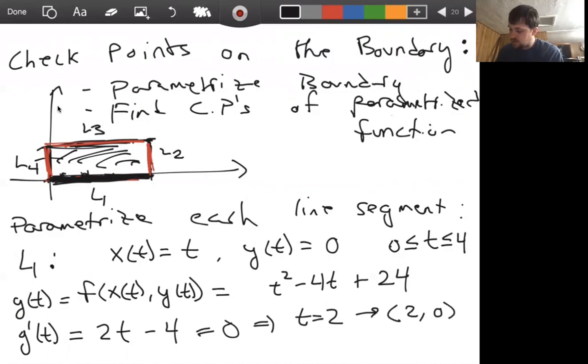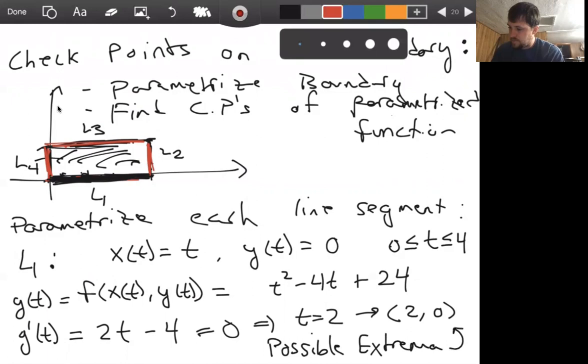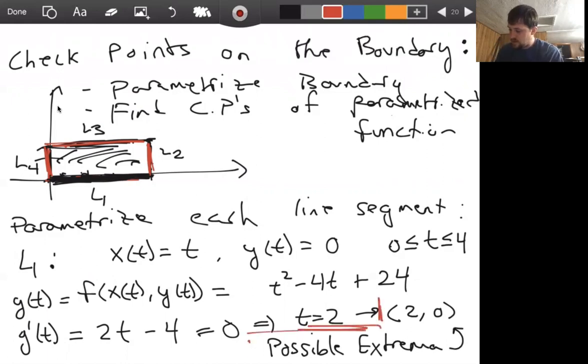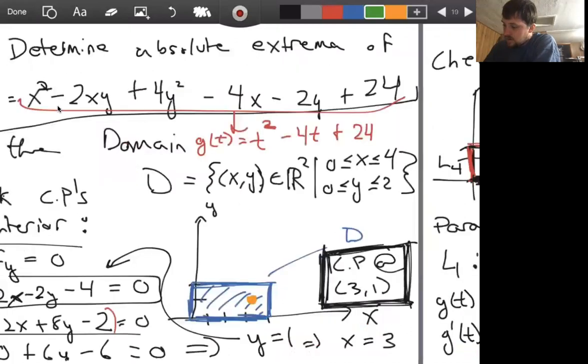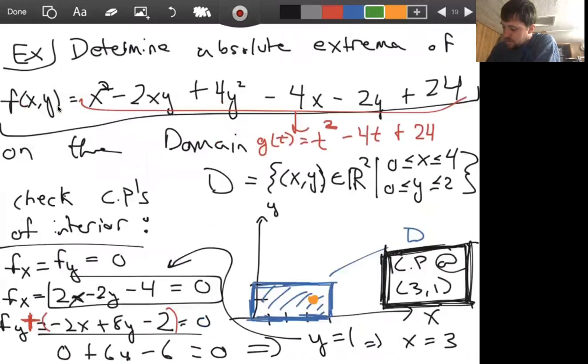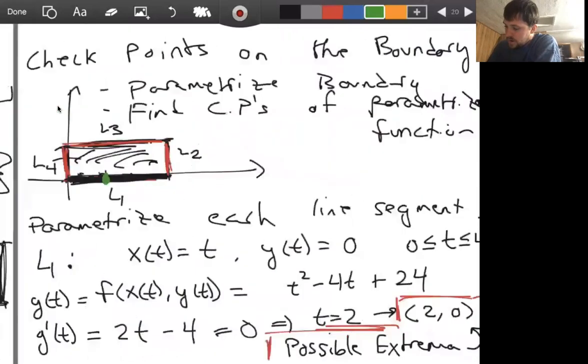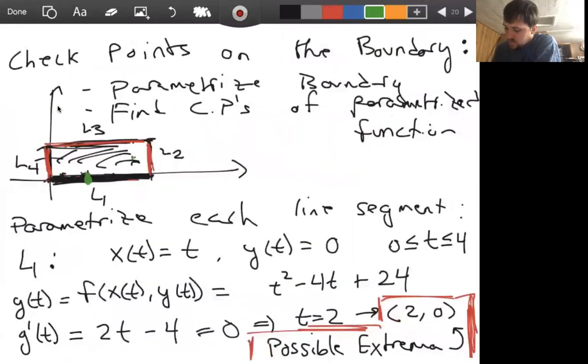So this is another possibility. Here's a possible extrema, (2, 0). Let's box this as well. Thus far, we've found that a possible extrema is at the point (3, 1), and another possible extrema is at the point (2, 0). So here are the two possibilities so far.